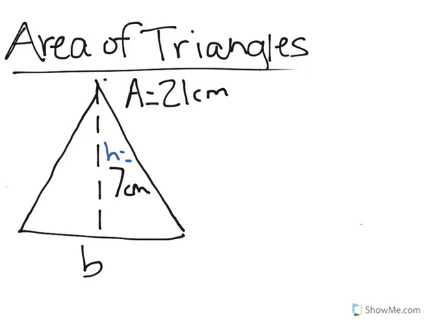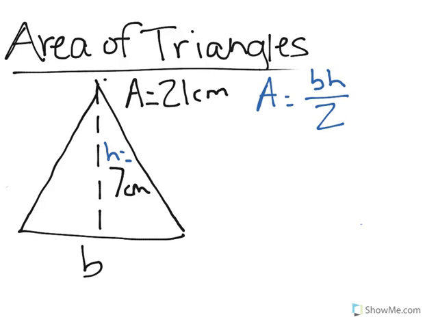It does not tell us our base, so it's asking us what our base is. Not a big deal. We'll start with our formula because the formulas stay the same. Area is equal to base times height divided by 2. I substitute my numbers for the variables.